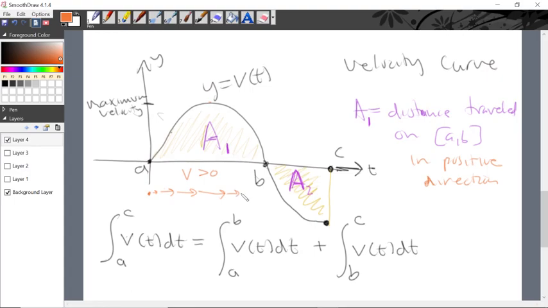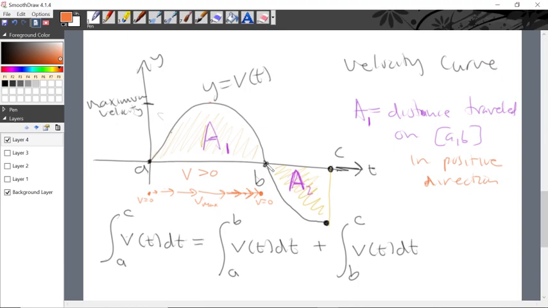So it slows down more and more, until it's stopped again, right? So at this point right here, the velocity is 0. At this point right here, the velocity is 0. And here the velocity is at its maximum. But it's moving to the right along this whole interval.